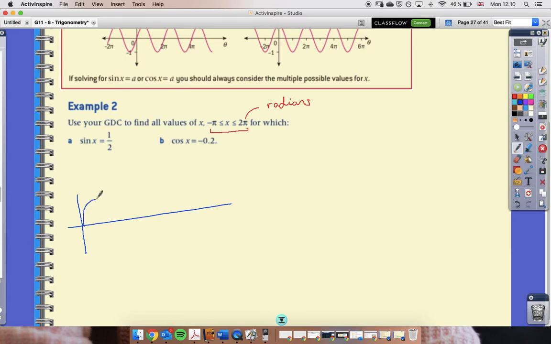It's a bit of a wonky sketch. Go down there, and I've got a half, which is roughly here, and then these are my 2 points that I'm looking at.